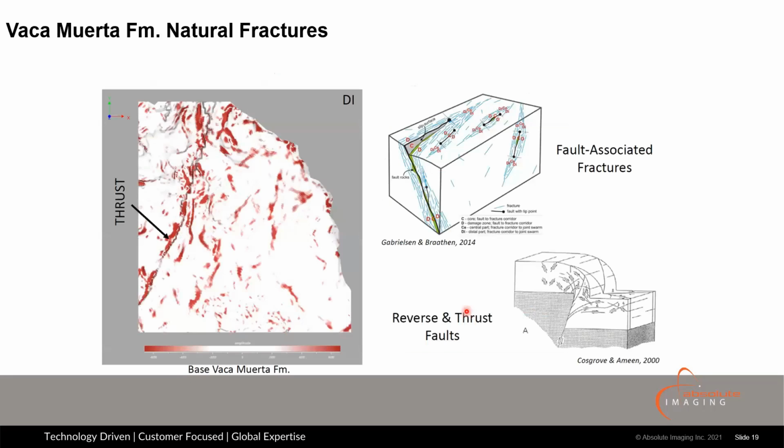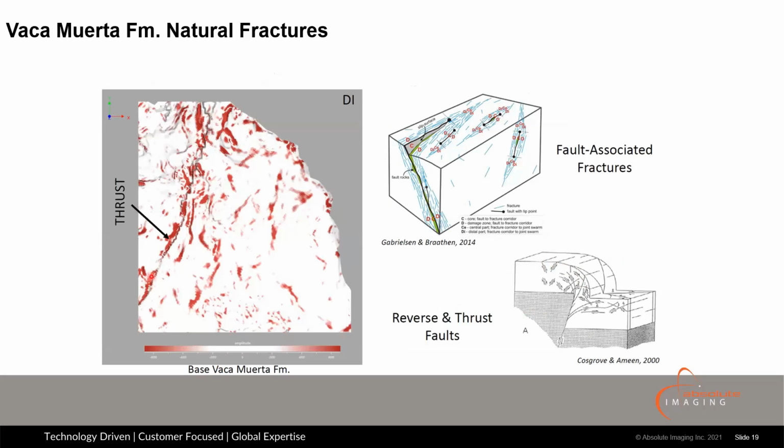So in this data set in particular, there was a big thrust, and as per a geologist's expectation, you have a thrust and you have extension on the side. What you are seeing in red here is where the diffraction intensity is.